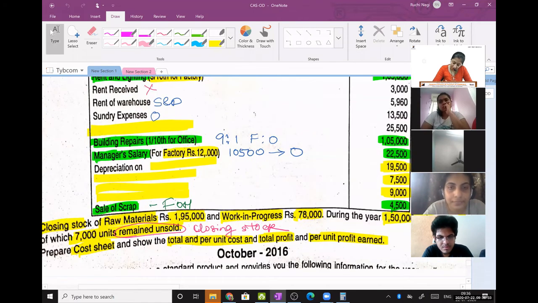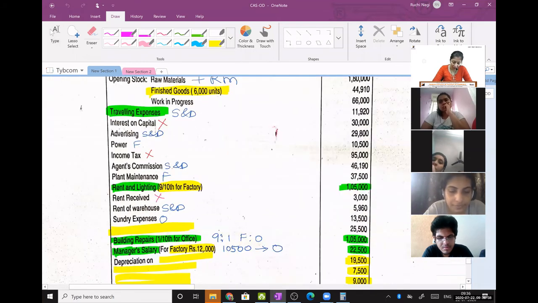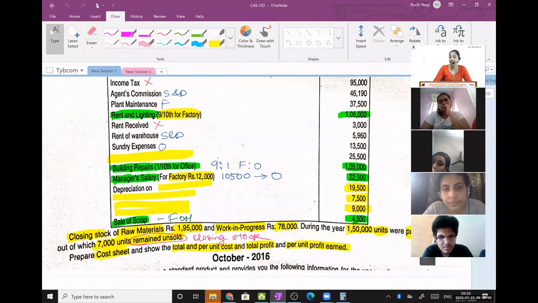Again, here also same thing is there. They haven't mentioned the method. You have to value closing stock with which method. They haven't mentioned. By default, it is always FIFO method. But whenever we will do sums, I've been always saying we will do it with both the methods, so that you should get clarity about both the methods. That's the only thing.